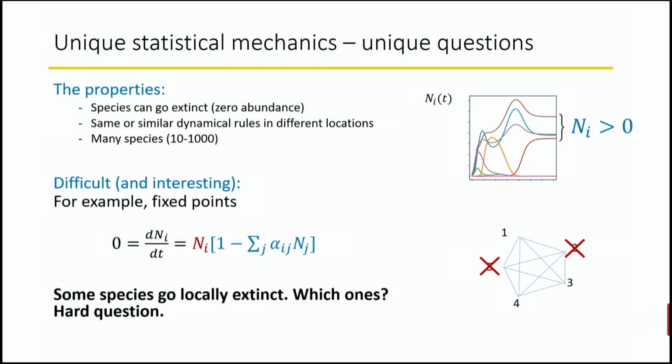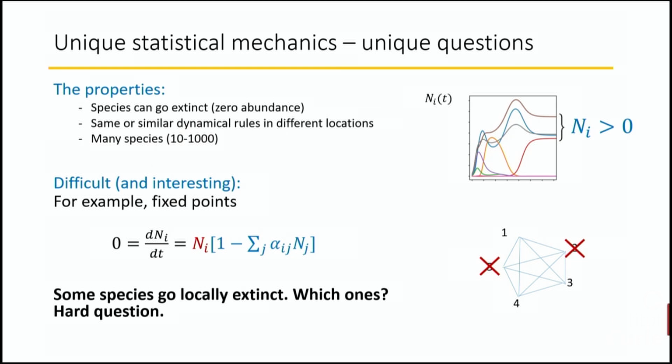And this is a hard optimization problem, or constraint satisfaction problem. You need to decide which subset of species is there. And for the subset of species that is there, you solve this equation and all the n's have to be positive, okay?